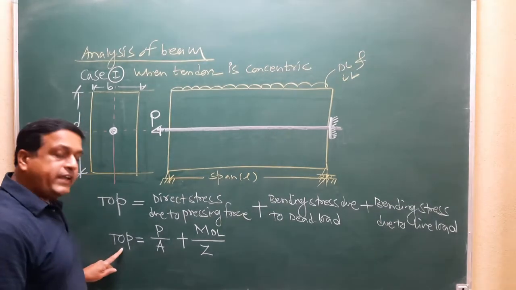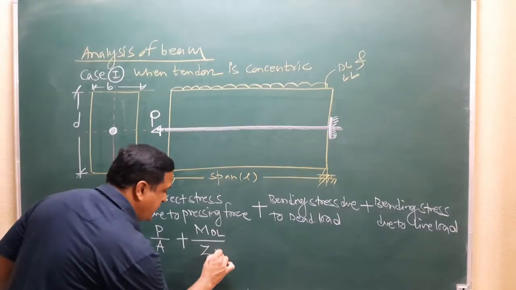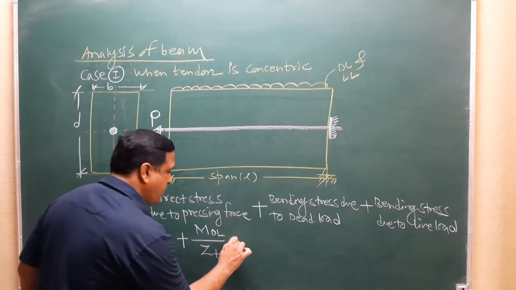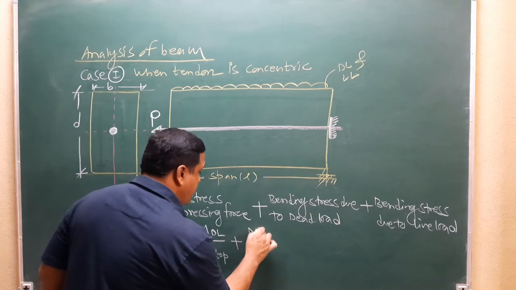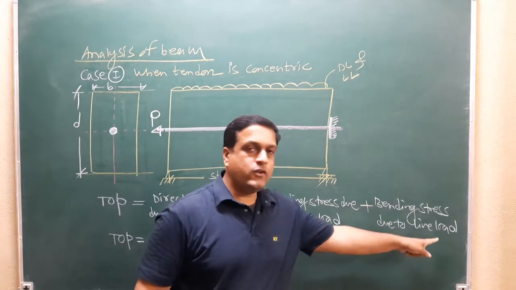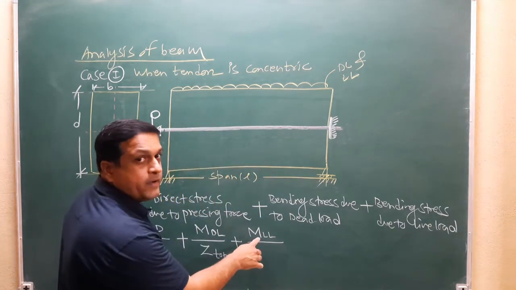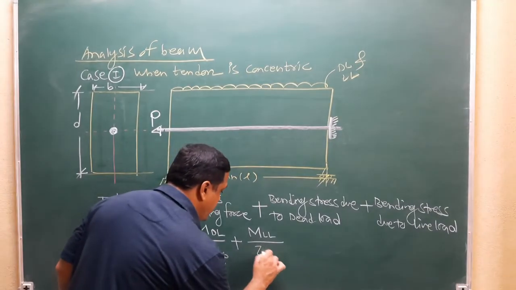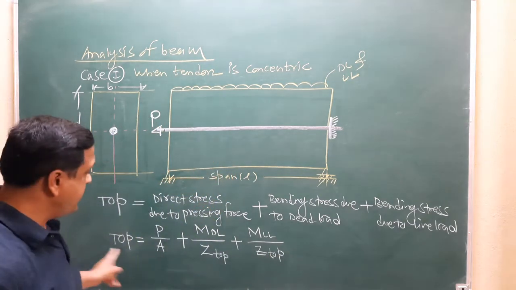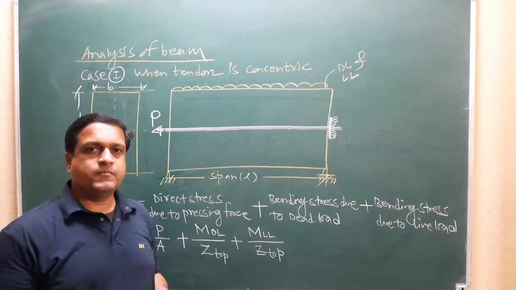For the top fiber stress you have to put Z top. Again plus bending moment due to live load divided by Z top. So this is the formula. Using this formula, you have to find out the top fiber stress.